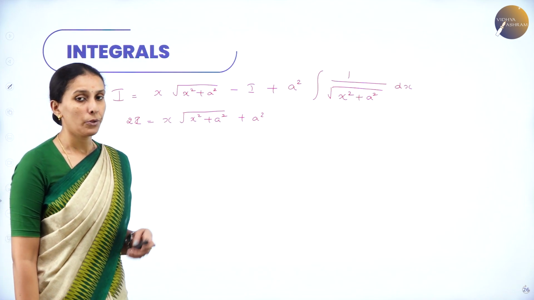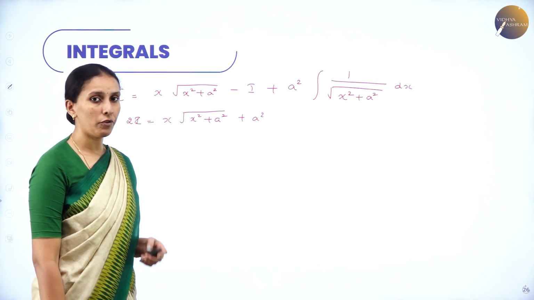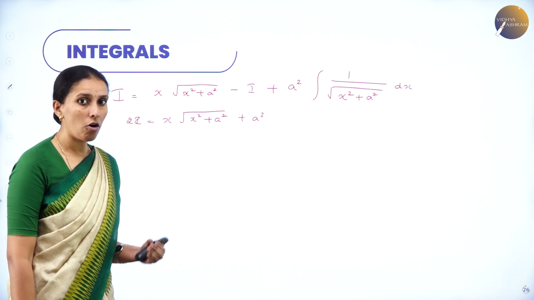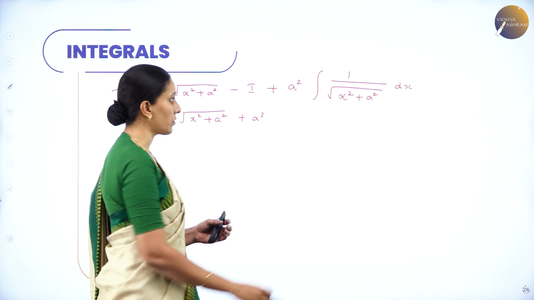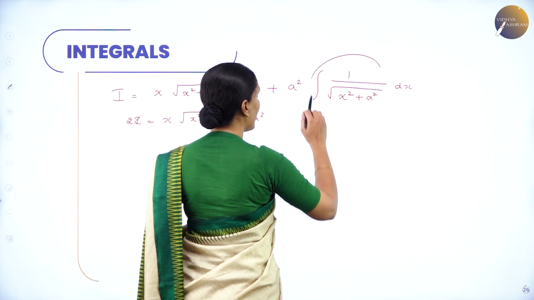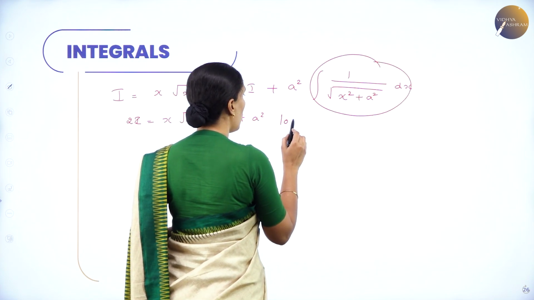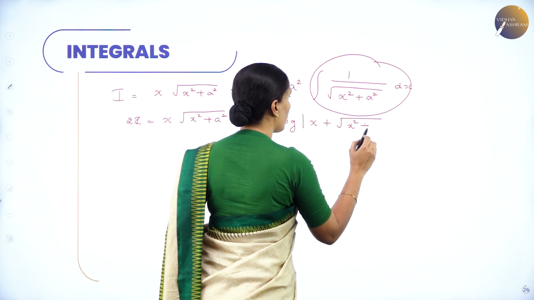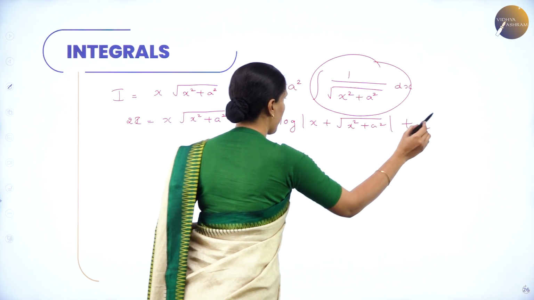This is one of the standard integrals, that is 1 divided by root of x square plus a square. Previously we have learnt the proof of 1 divided by root of x square minus a square, whose value is log of x plus root of x square minus a square. Similarly, this is one of the standard integrals whose value is log modulus x plus square root of x square plus a square plus c.